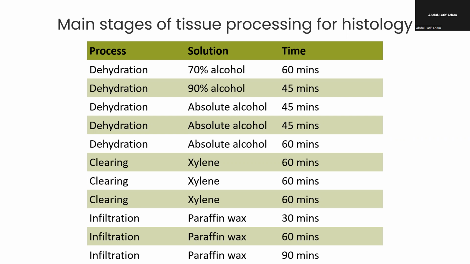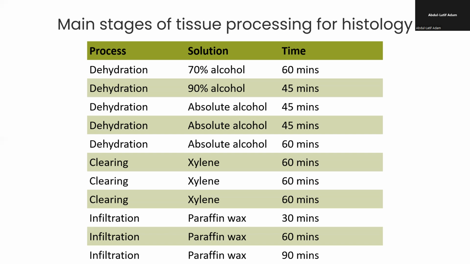So usually with xylene too, you have to have changes so that it can remove all the alcohol from it. In some cases, if you go outside the country, especially in Europe, they have equal volumes of xylene and alcohol first before you go to complete xylene, so that the exchange between the alcohol and the xylene will be okay, because the xylene is miscible with the alcohol.